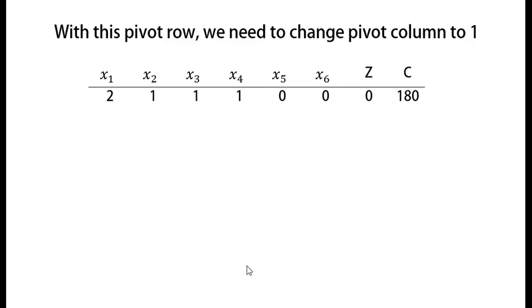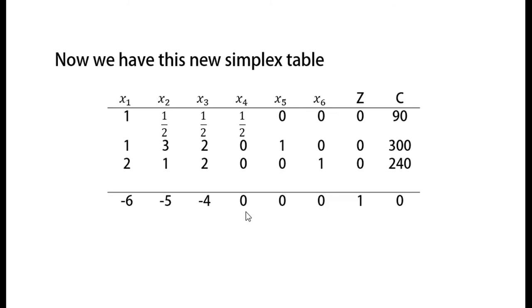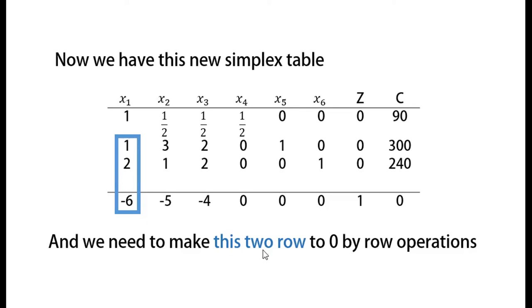Since we need to make the pivot element 1, we have to divide this by 2. We have a new pivot row, and we have to make these rows 0 by row operations.